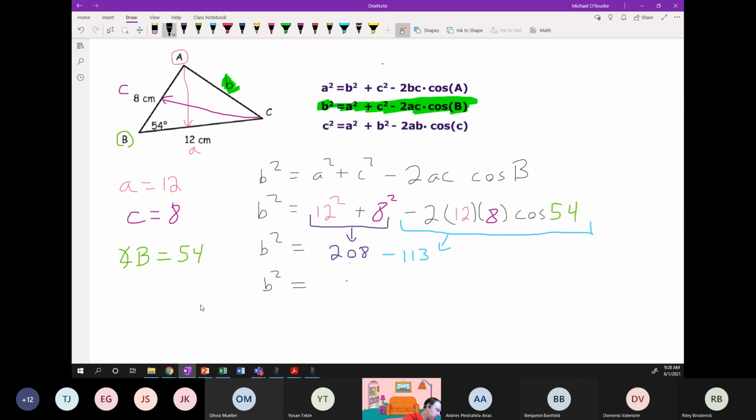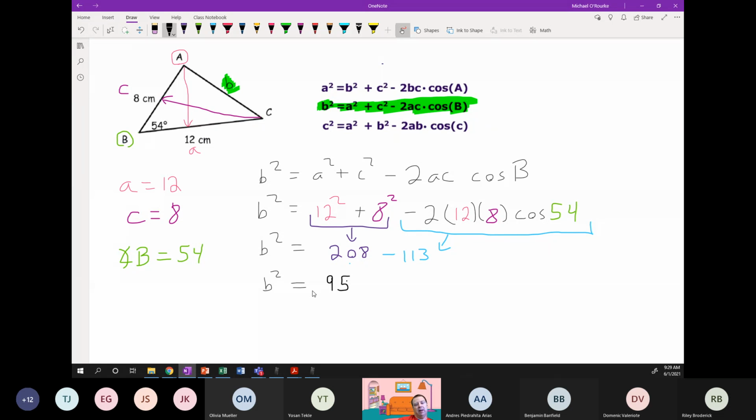208 minus 113 equals 95. Now, is 95 my answer? Yes or no? What do you think? No. Why, Farley? What do I have to do to it to get b all by itself?